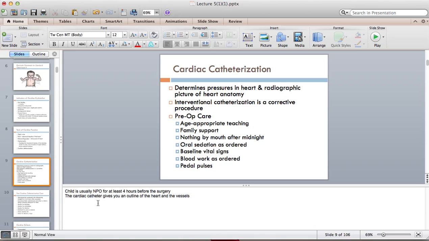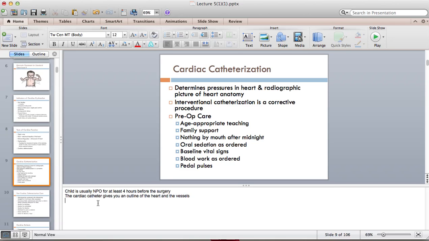Sometimes they will use it to correct cardiac problems, when they put in a stent, or when they put the patch on for the ASD or VSD. But pre-operatively, we need to prepare this patient.